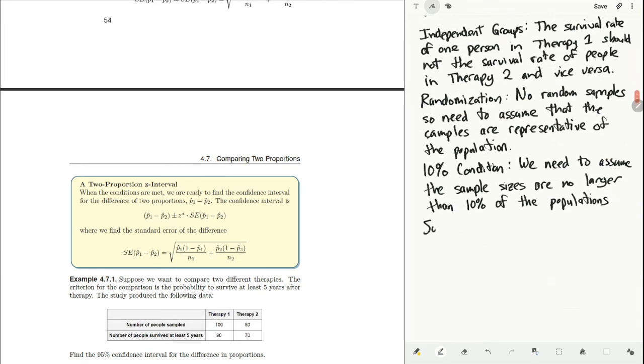And then we also have the success and failure condition. So we need to have at least 10 successes and 10 failures for each group. So in therapy 1, we have a sample size of 100.